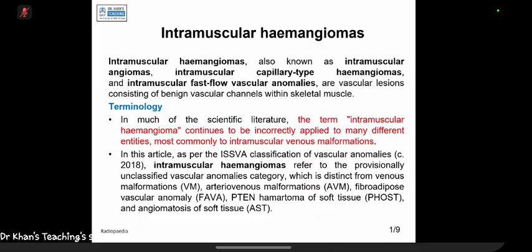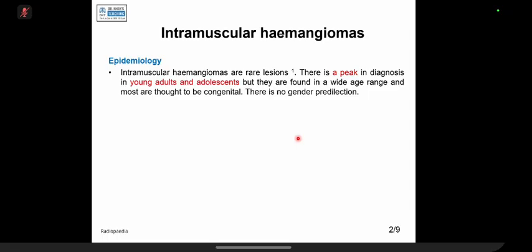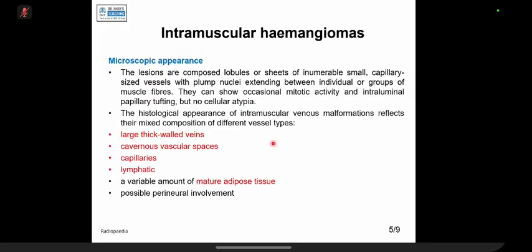So, the terminology is very confusing, and even now, literature uses old terminology, and there have been international classifications. Basic concept is what? The basic concept is that in intramuscular hemangioma, usually you will see it in young adults and adolescents.